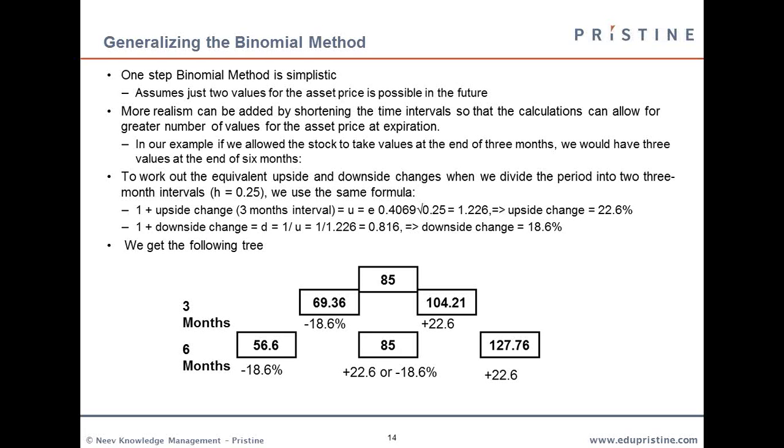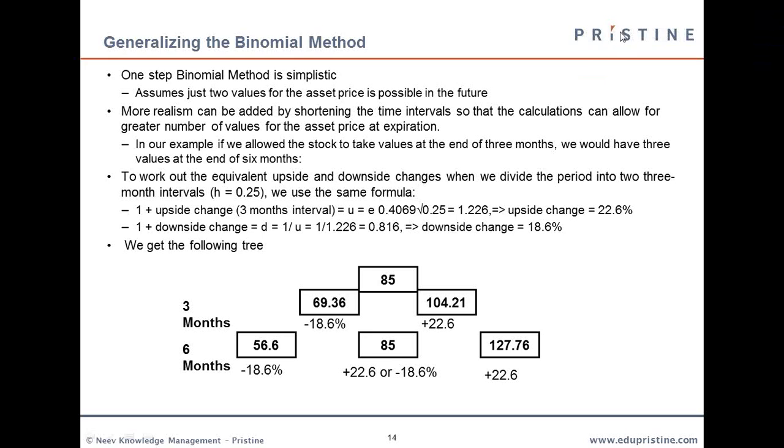For example, if you buy a 6-month call stock option, you can as well make it a two-step binomial method by using 3-month steps, and then you can proceed in a similar way as we proceeded in the one-step binomial method.